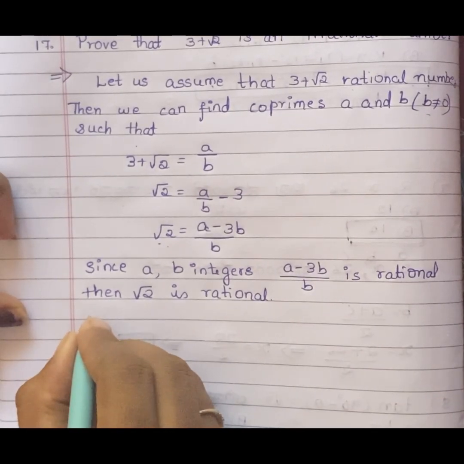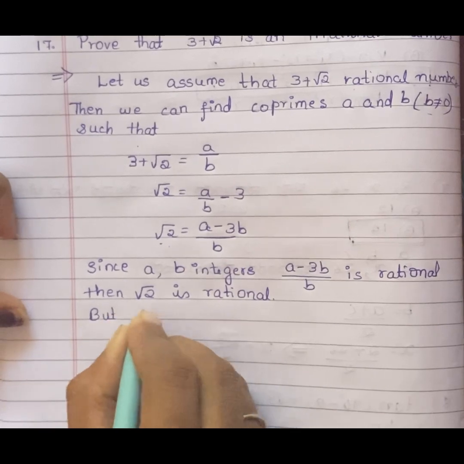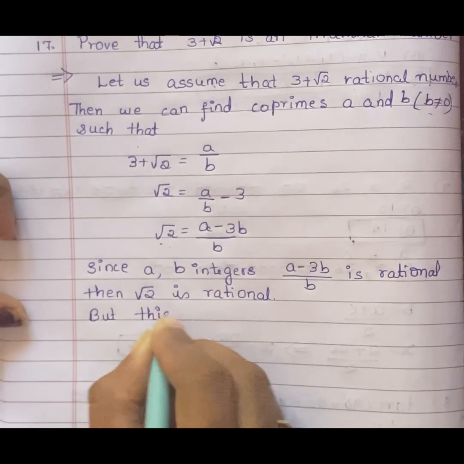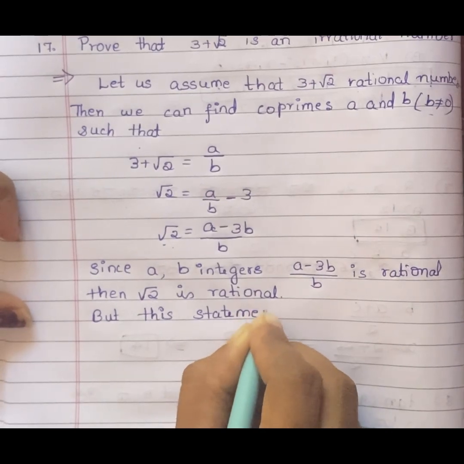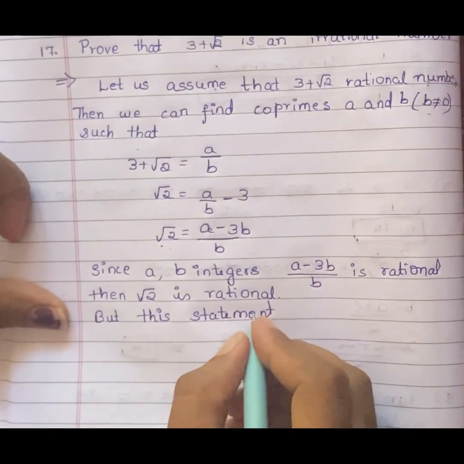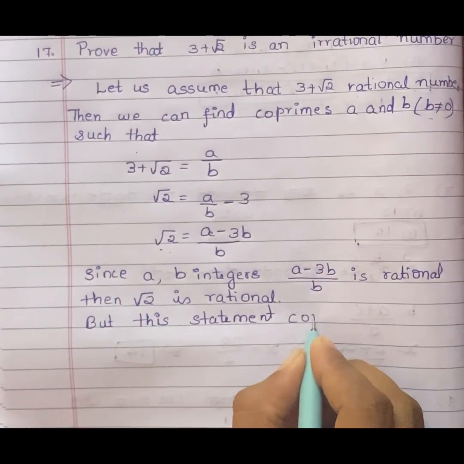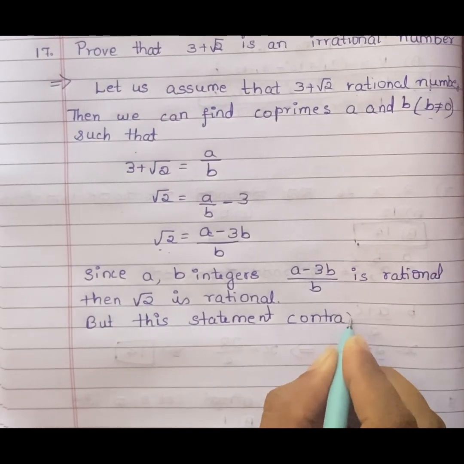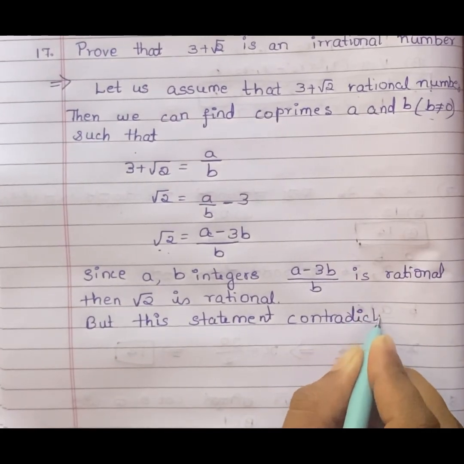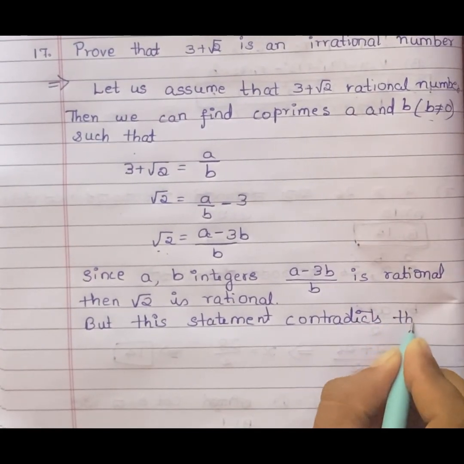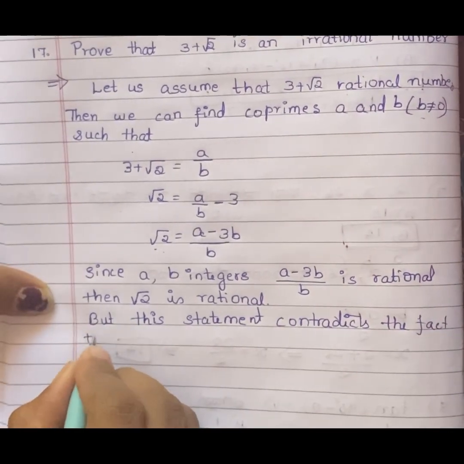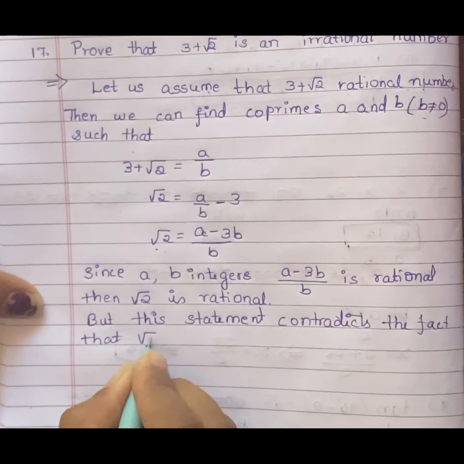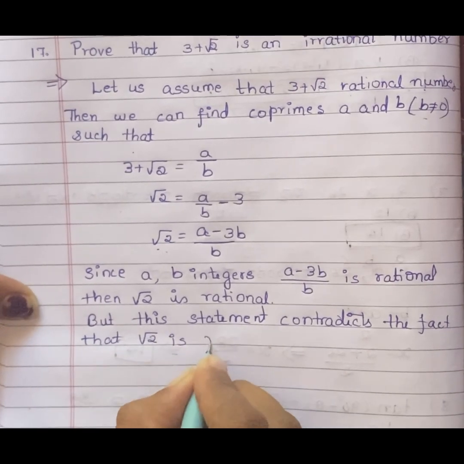So we need to write that. But this statement contradicts the fact that root 2 is rational.